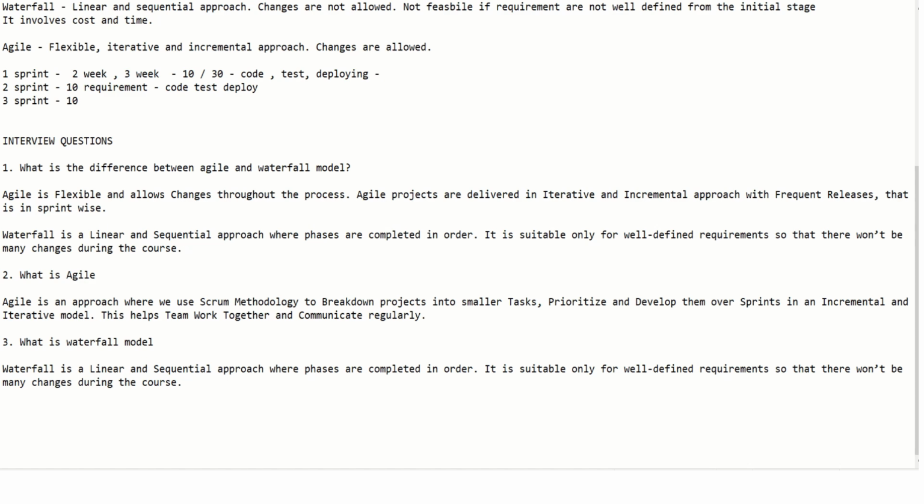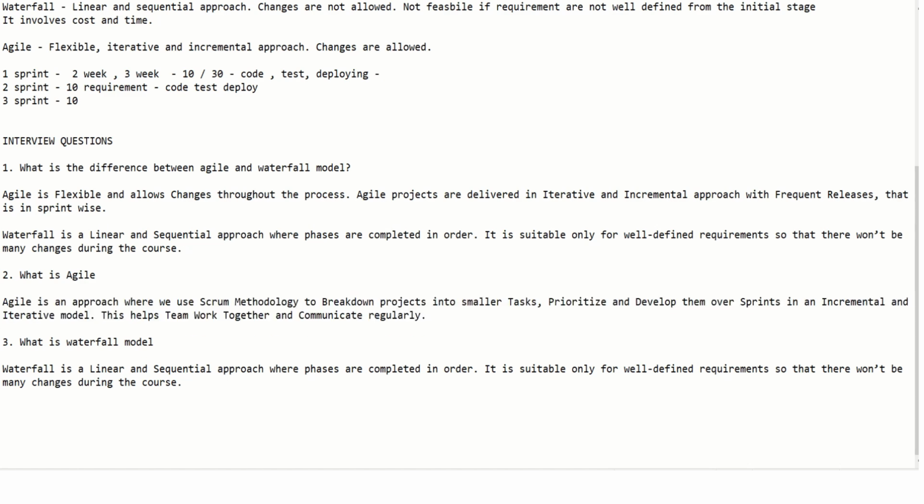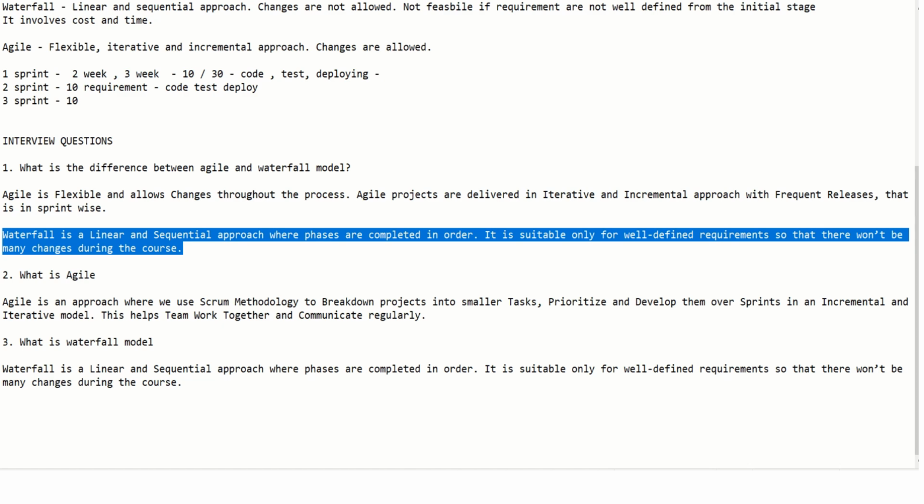If you answer this way, definitely interviewer is going to get impressed because he or she thinks you know what is agile. Now when it comes to waterfall model, you can answer this way: waterfall is a linear and sequential approach where phases are completed in order. It is suitable only for well-defined requirements so that there won't be many changes during the course. Okay, so this is what also mentioned here. Fine.